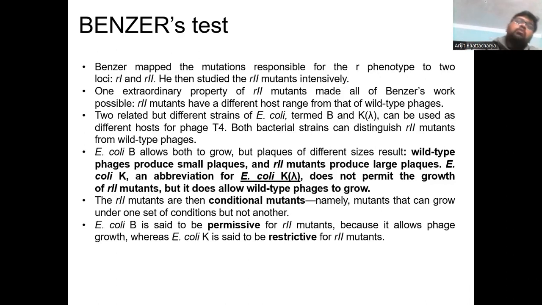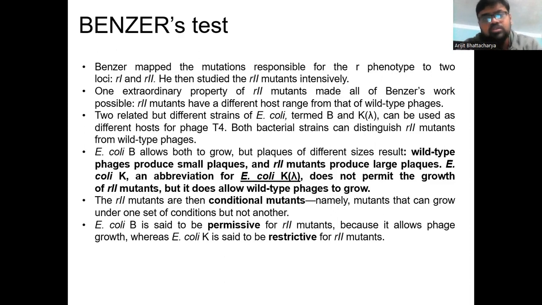Now they found out that these R2 mutants are kind of conditional mutants. Conditional mutant means that the phenotype of the mutation can be observed under certain conditions, and the phenotype is basically absent in some other condition.